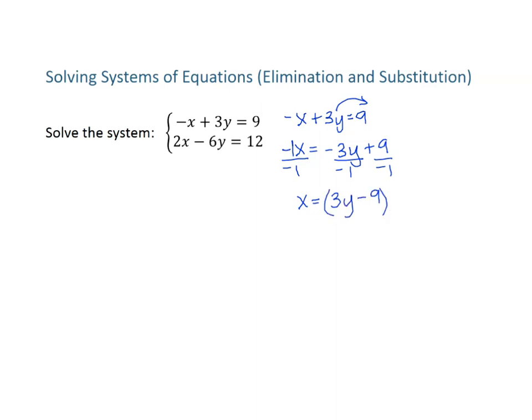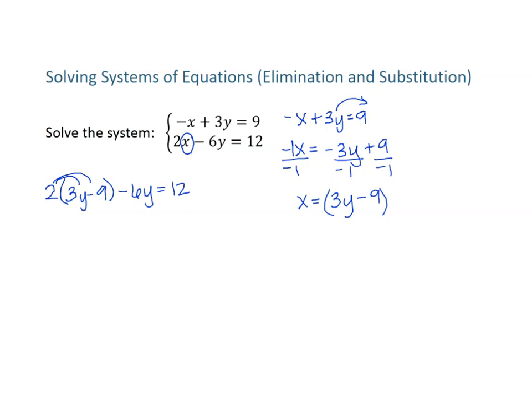Now this is my expression for x. So I'm going to take that expression for x and plug it into the other equation for, you guessed it, x. So I have 2, and instead of the x, I'm going to have my expression that I just got, minus 6y equals 12.